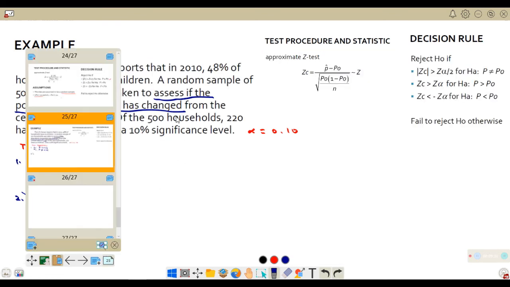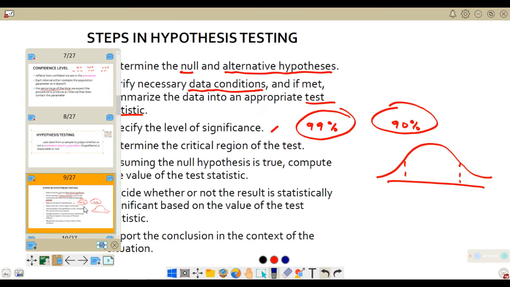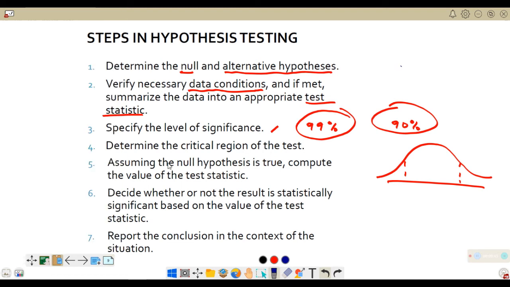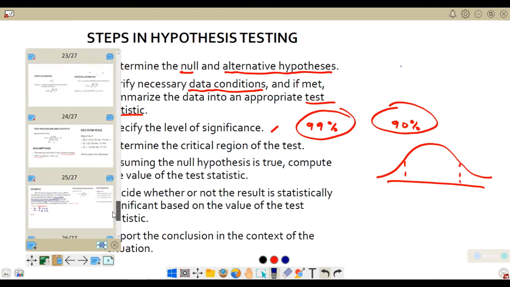According sa diniscuss natin before, the second step in performing hypothesis testing is to verify necessary conditions and if met, summarize the data into an appropriate test statistic. So, ilagay natin yung mga data condition. May assumption tayo, 'di ba, na kailangan nating ma-meet.